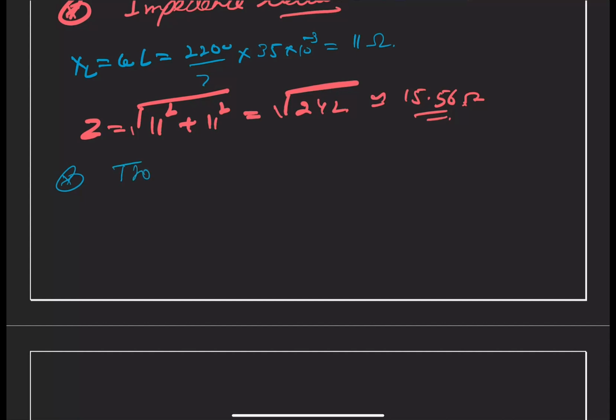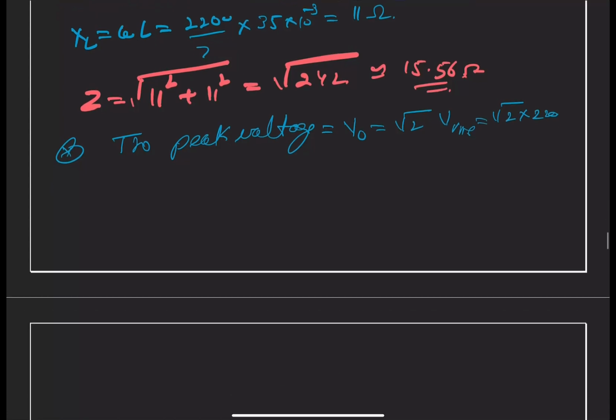The peak voltage V0 will be equal to square root of 2 into VRMS, so square root of 2 into 220, and from here we get the peak voltage V0 approximately equal to 300 volt.